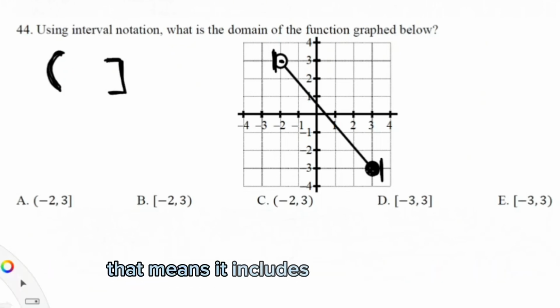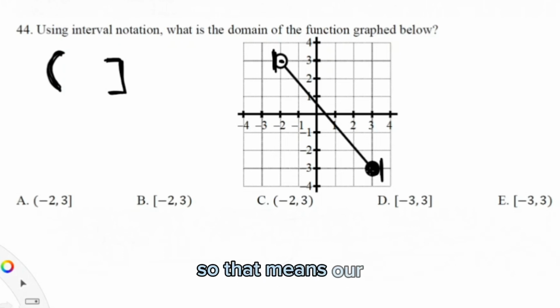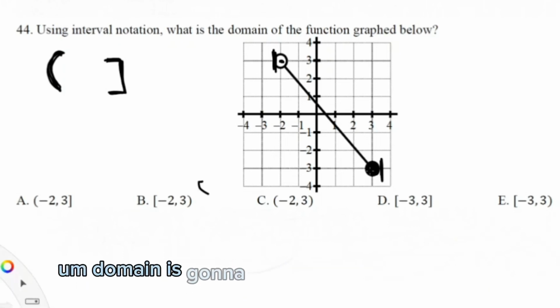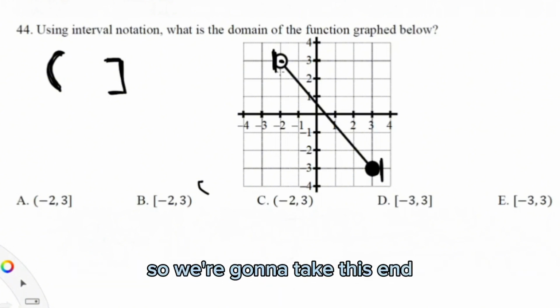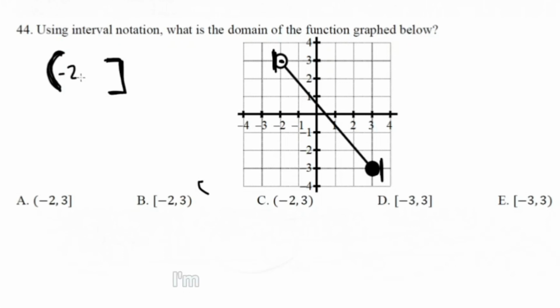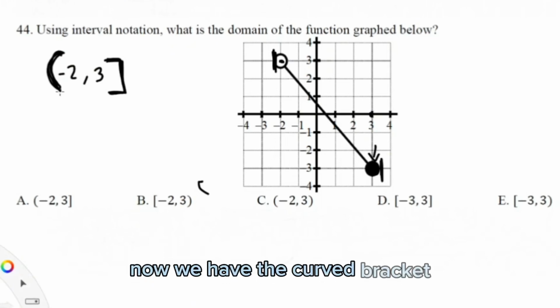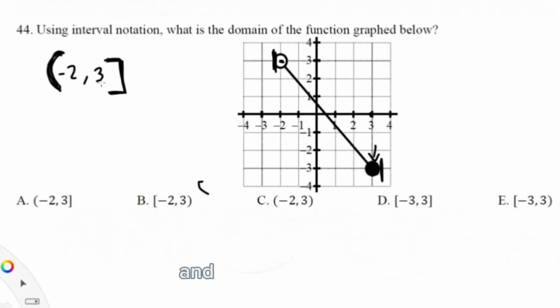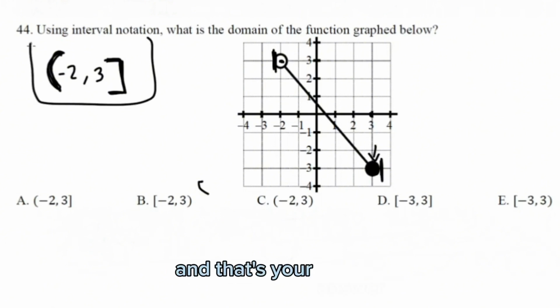That means it includes the value there. So that means our domain is going to look like this, with the curved and then the straight bracket. Now we have to figure out what the x values are. So we're going to take this end, which is negative 2, and this end, which is 3. So now we have the curved bracket, negative 2, comma 3, and this square bracket, and that's your answer.